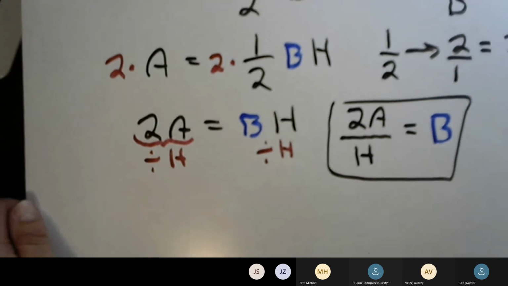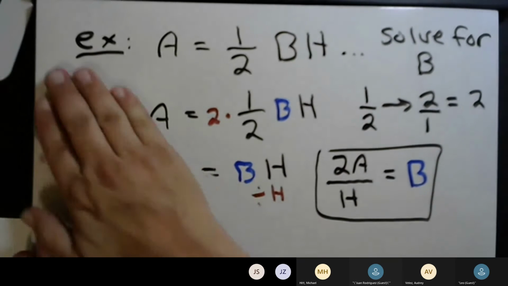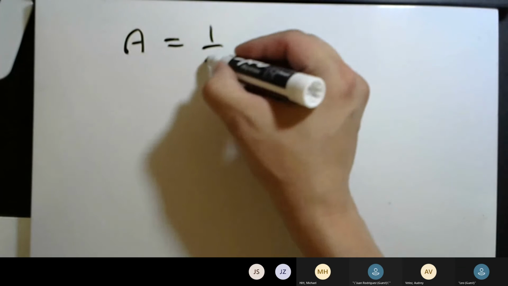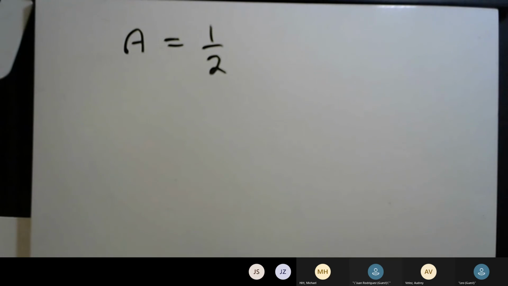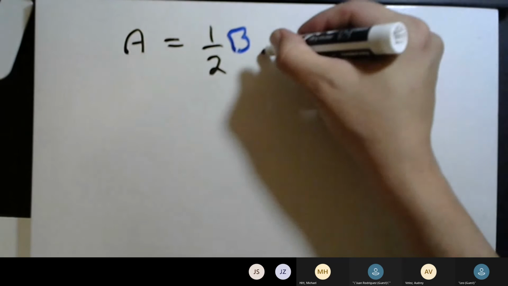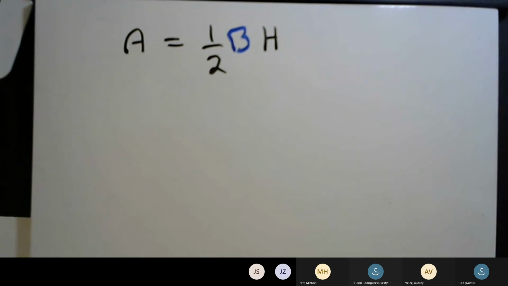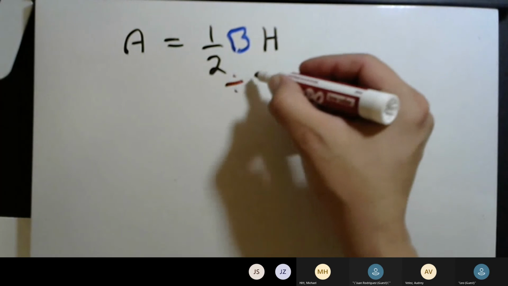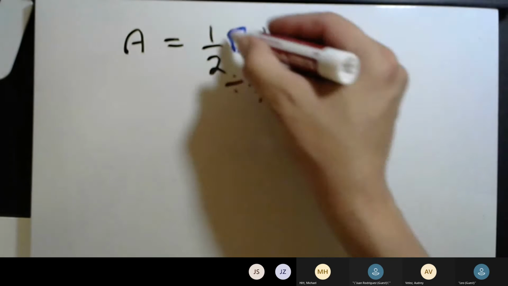So let me show you another one. Now, I would like to show you this, though. Let's say you're not comfortable with the reciprocal trick, and you just want to divide both sides by 1/2. What if you just want to keep it simple? Well, that's perfectly fine. So we're multiplying by 1/2. We can divide by 1/2. And then this will cancel out.